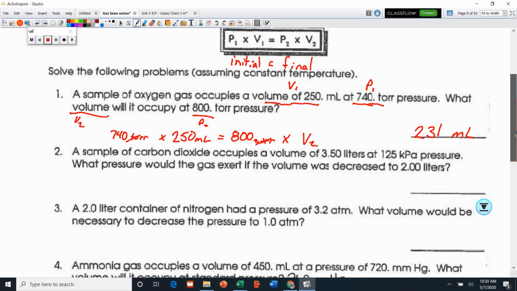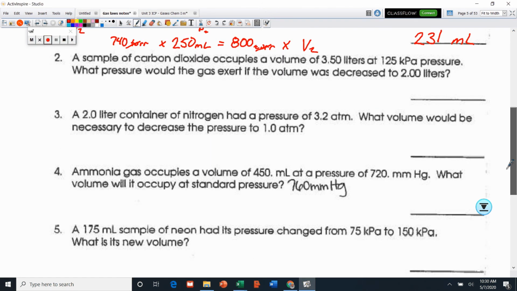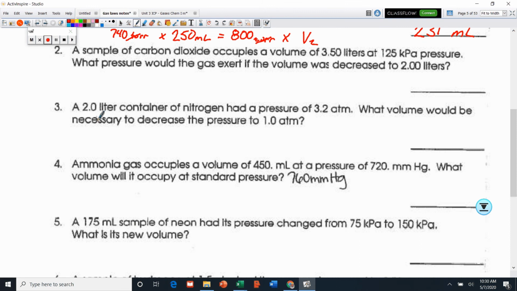All right, let's look at a couple of other ones to give some practice identifying. So I'm going to pull out my givens here. A sample of carbon dioxide occupies a volume of 3.50 liters. I'm going to call that my V1.